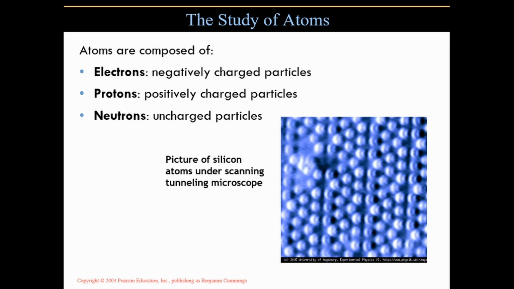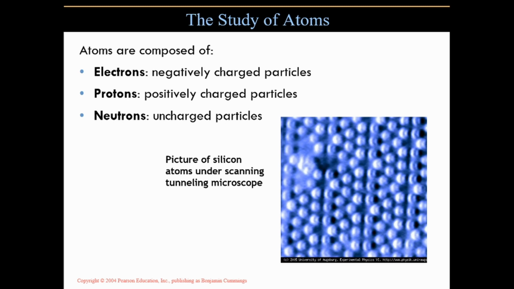So they're way smaller. They essentially have no mass at all, but they have some kind of mass, I suppose. So we're talking about particles that have a charge, either negatively charged electrons, positively charged protons, or uncharged, neutral particles that we call neutrons.